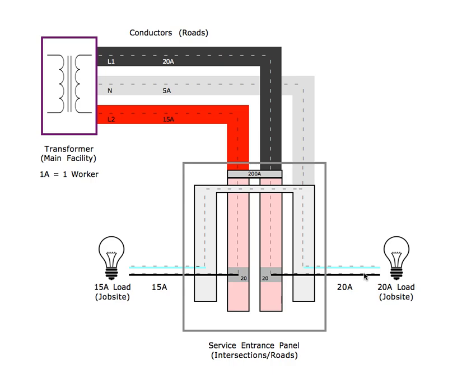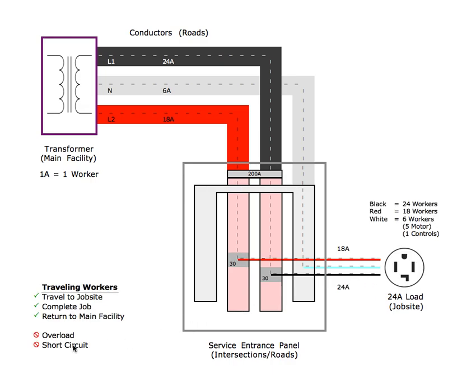Understand? Now, there's a thing called a short circuit. So how does that work with our analogy? Well, what happens is 24 workers are coming down here to do this job. Remember we talked about that? 24 workers come down here, the main highways, and they turn. Well, either because of miscommunication or ignorance or something stupid, they decide, you know what, we're not in the mood to do this job.